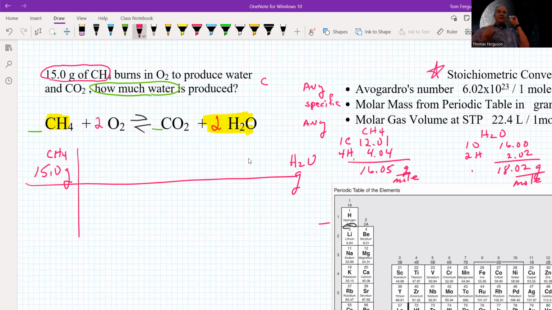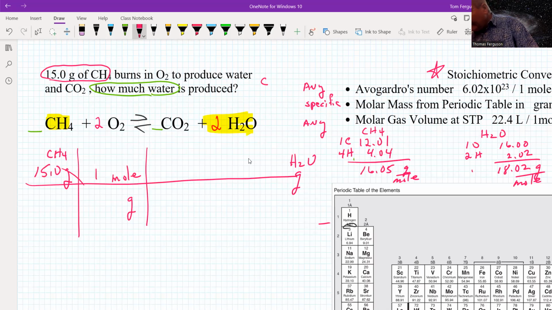Okay, so definitely need the molar masses for the given, molar mass for the calculated. All right, so our first step is to convert the 15 grams of methane to moles of methane. Okay, so grams have got to cancel. And that is 16.05.